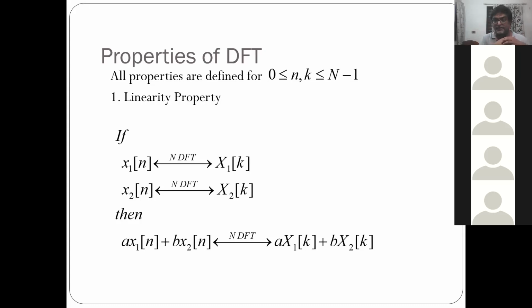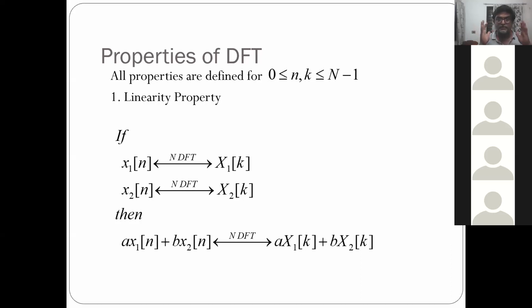Is that clear? Now what is the spacing between the frequency samples? That also you have seen. You have seen that omega k is equal to 2 pi by N, right?